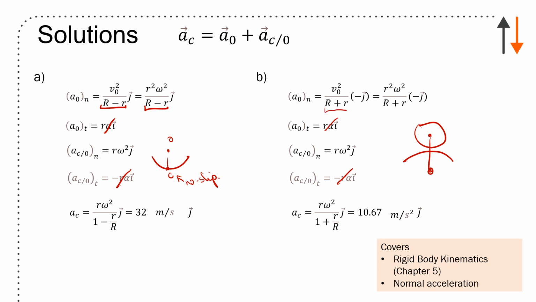The only difference here is big R plus little r. In this case, r omega squared, and you end up with r omega squared times 1 plus little r over big R, in the j direction, 10.67 meters per second squared. And that's the difference: the acceleration of C is 32 meters per second squared on the inside curvature, and it's 10.7 meters per second squared on the outside curvature.